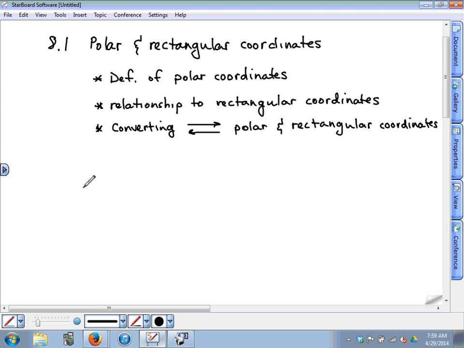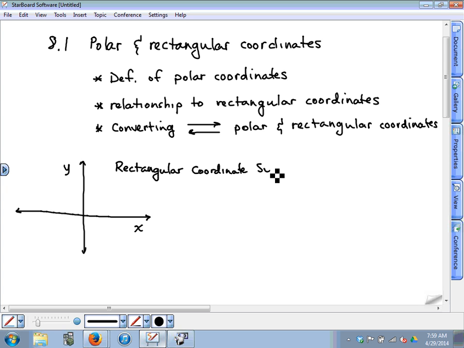But anyway, here's what you're used to. Draw this. We have the x-axis, we have the y-axis. This is what's called a rectangular coordinate system.